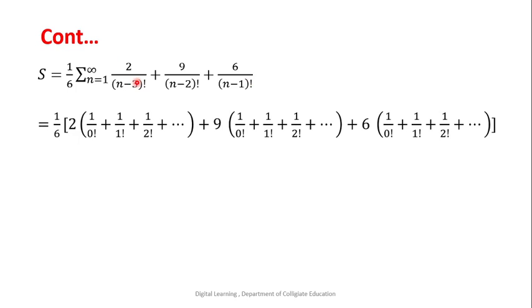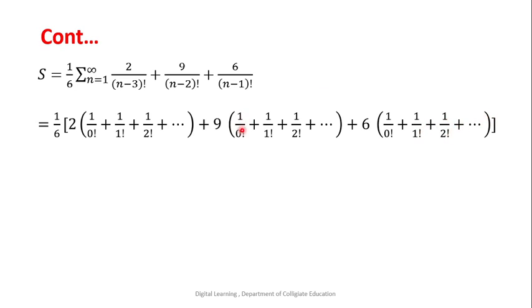For the first term, we get 1 by 0 factorial plus 1 by 1 factorial plus 1 by 2 factorial plus so on, plus 9 into, for the second one, 1 by 0 factorial plus 1 by 1 factorial plus 1 by 2 factorial and so on, plus 6 times 1 by 0 factorial plus 1 by 1 factorial plus 1 by 2 factorial plus so on.